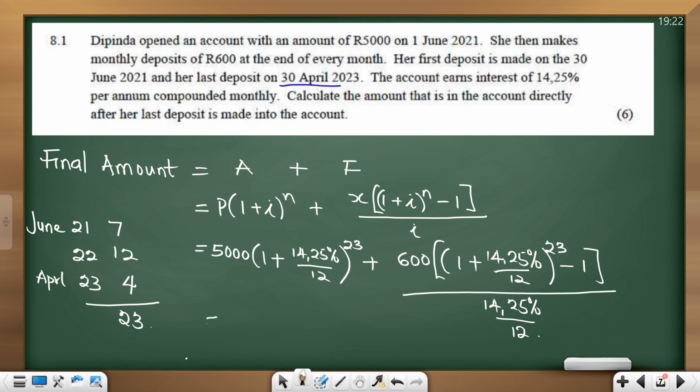Okay, please somebody put this in the calculator. Let's get an answer while I'm trying to listen to you. April. January, February, March, April. Because it's the number of deposits that we make.